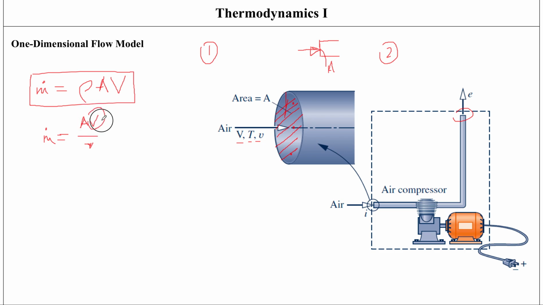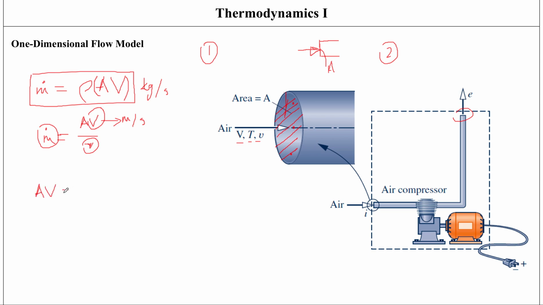Make sure you remember that this is actually velocity, so it's in meters per second, and this is specific volume, small v. So m dot could be written in terms of this. This over here is obviously mass flow rate. You could also verify the units here. Check the units. It's going to be in kilograms per second. Another important thing to know here is that this product, area times velocity, is actually called volumetric flow rate.